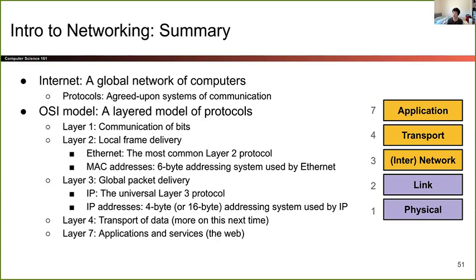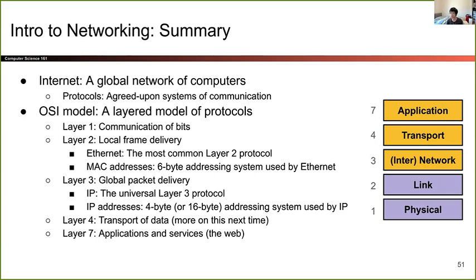Layer 3 is global packet delivery. So now I can send packets to anyone else on the internet. The only protocol here is IP, which is used by pretty much anything that uses the internet. And these have IP addresses, which are 4 bytes, or sometimes 16 bytes, to address things and to know how to forward packets on to the next hop. Layer 4 turns this unreliable packet delivery into really just the useful transport of data.